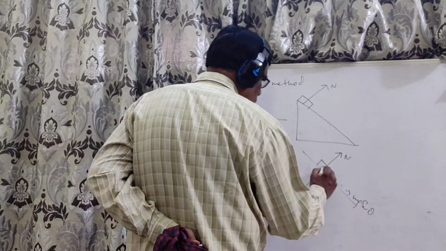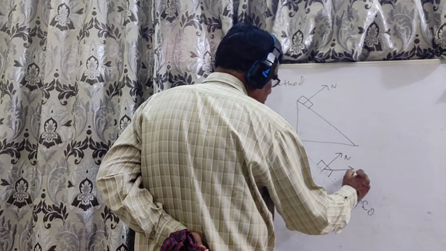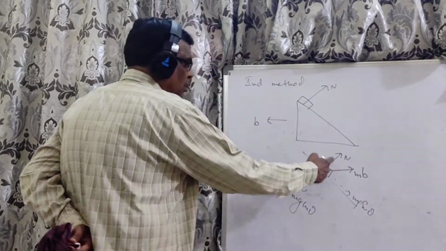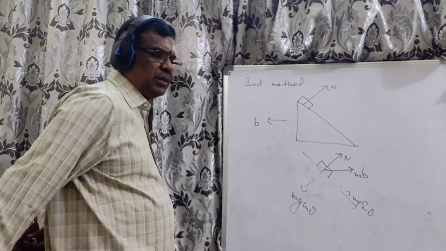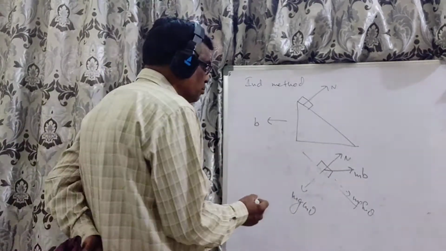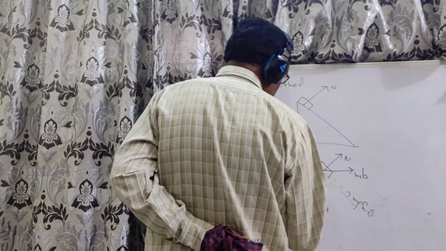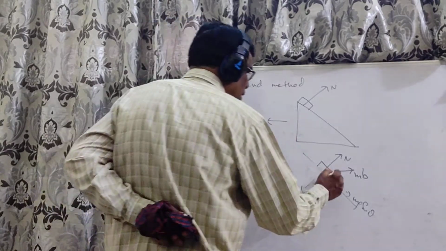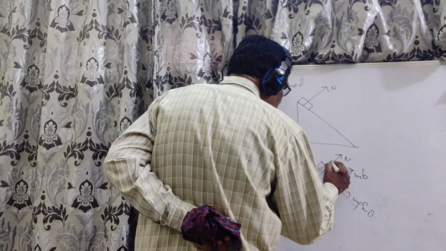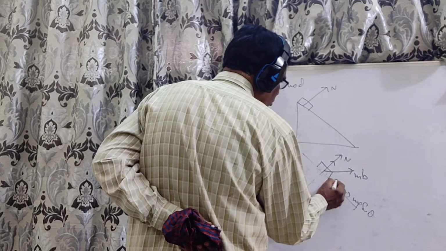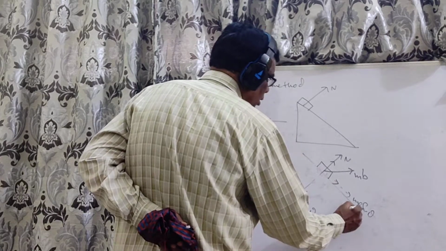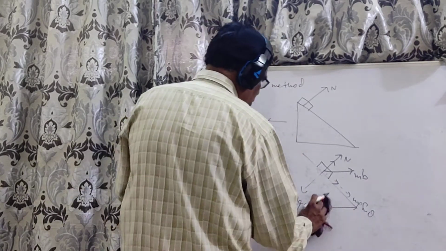Now B, so pseudo force is small m into B, mass of the body into acceleration of the system in the opposite direction.